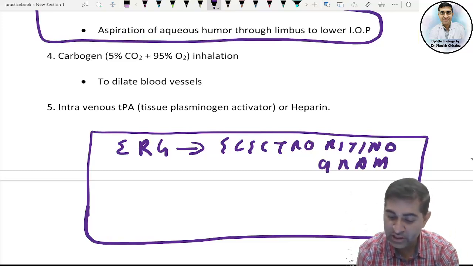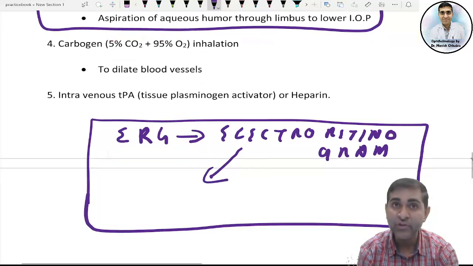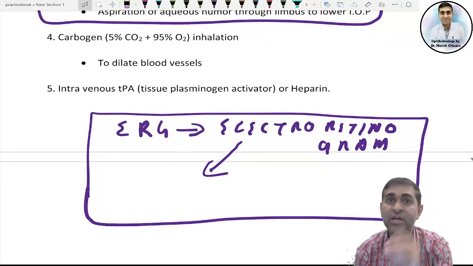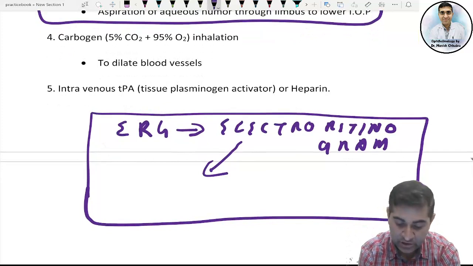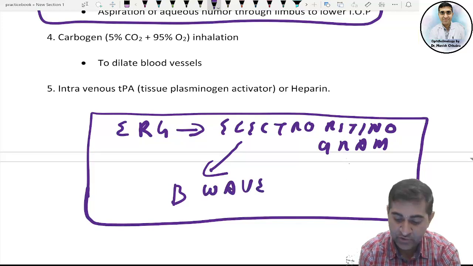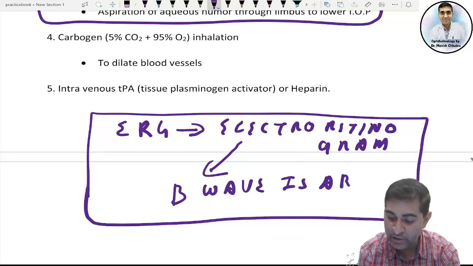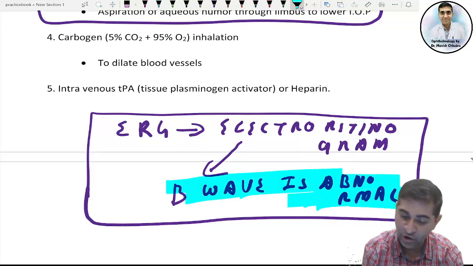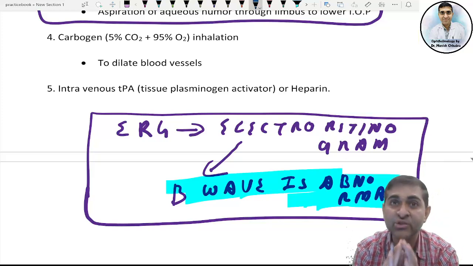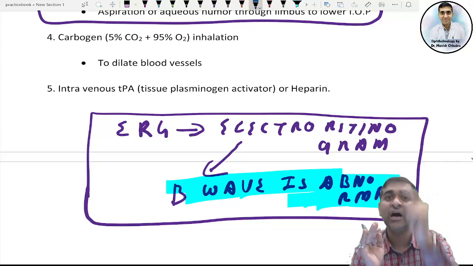There is electroretinogram in which we look out for 3 waves: A wave, B wave and C wave in central retinal arterial occlusion. So B wave is abnormal, important with respect to INI-CT. B wave is abnormal in electroretinogram in CRAO.